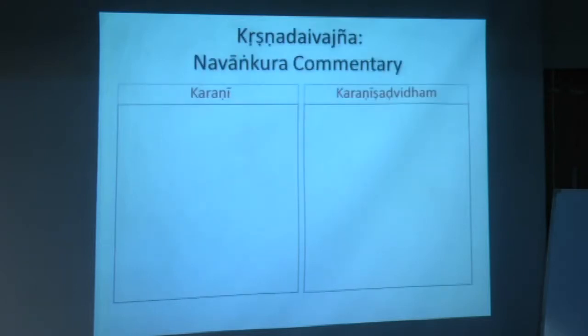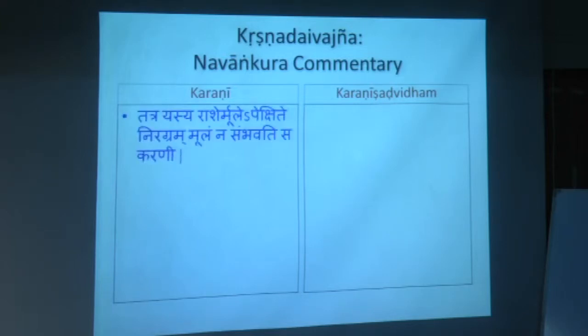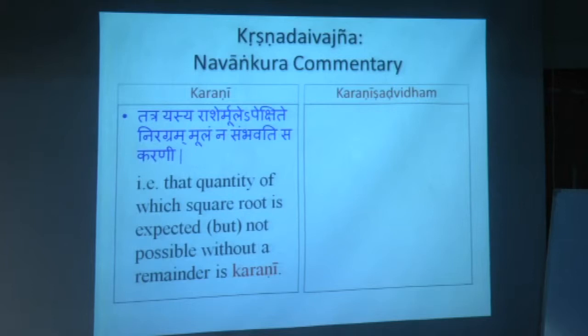The term Karani is well explained by the commentator Krishna Daivajna when he says: Tatra yasya rasher mule apekshite parantu nirakram mulam na sambhavati sa karani. That is, a quantity of which the square root is expected but not possible without a remainder is called Karani.